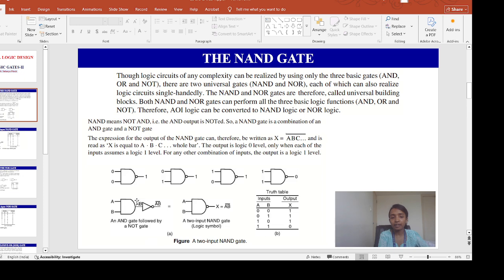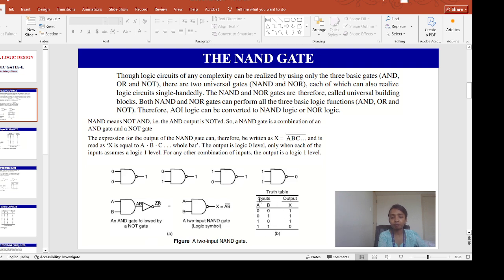So at the output of this AND gate, you put a NOT gate, and it will become a NAND gate. If A and B are two inputs, the output of this NAND gate will be AB whole bar. AB is my AND gate. Since it is NAND, meaning not AND, it is AB whole bar.